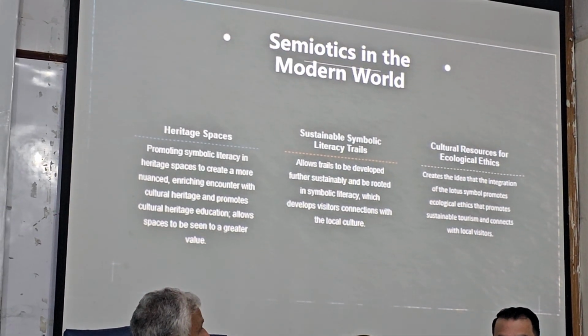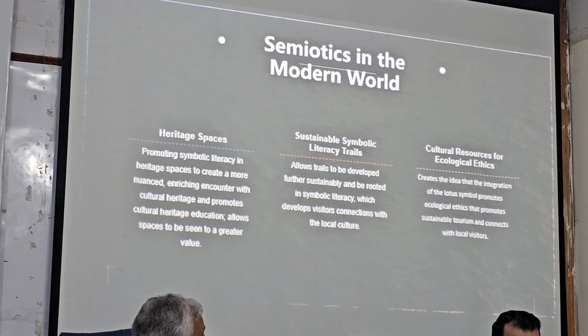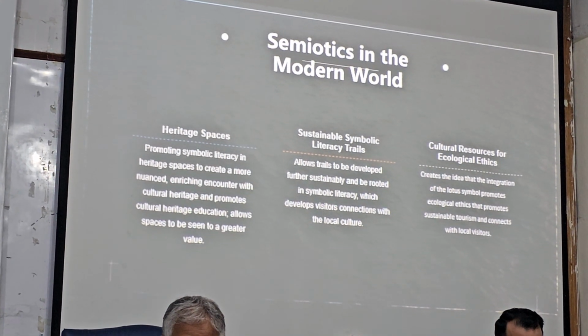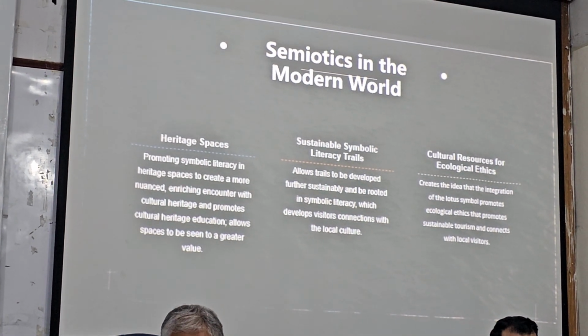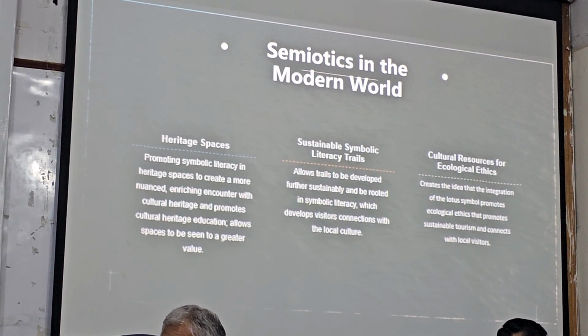Yeah. So promoting symbolic literacy in heritage spaces can create a more nuanced, enriching encounter with the cultural heritage. It is all about attracting tourism and giving people stories that they could go back with and want to come back to.